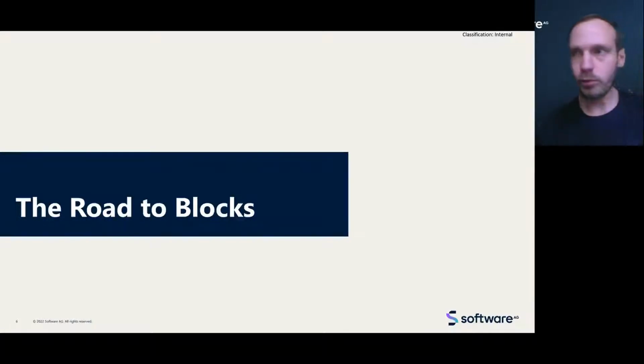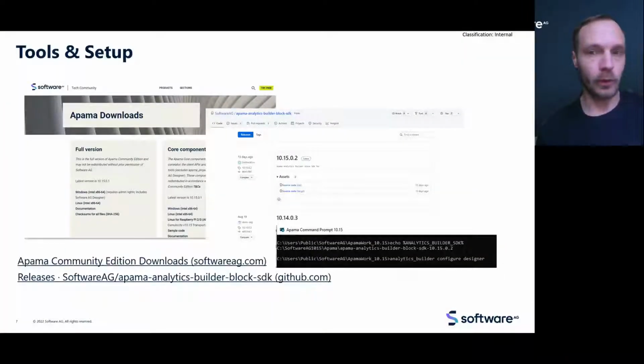Okay, so how do we start with it? I would say the easiest solution is still just going to either the tech community or the Software AG site and looking for the Apama community edition. There's a download available. I also put the link here.